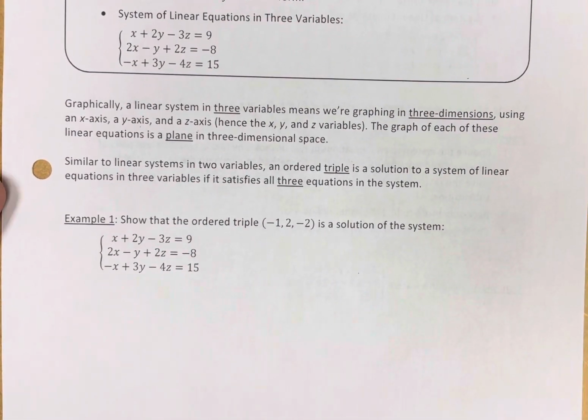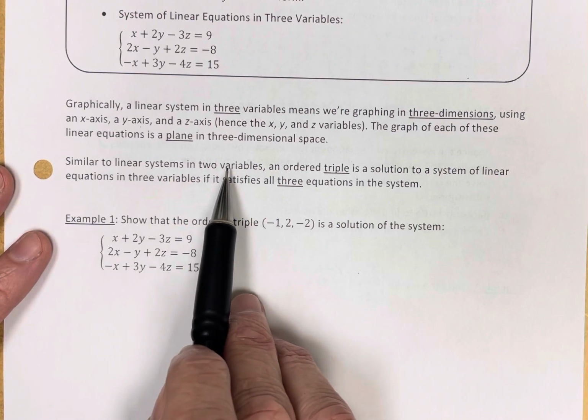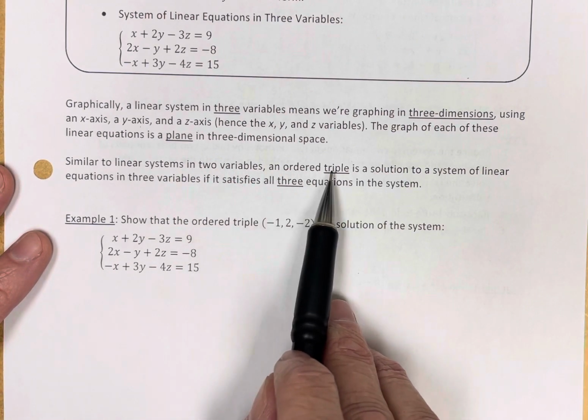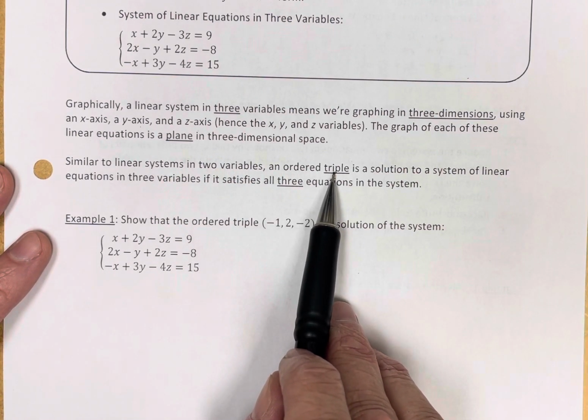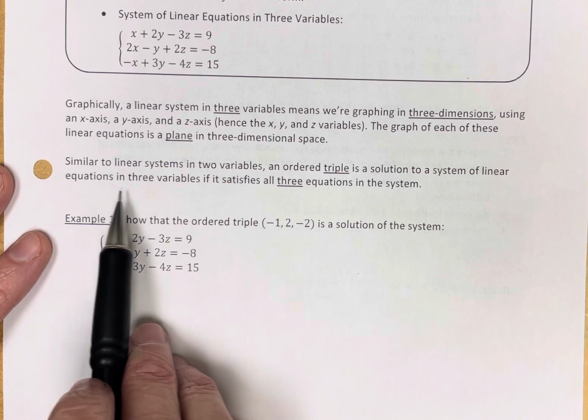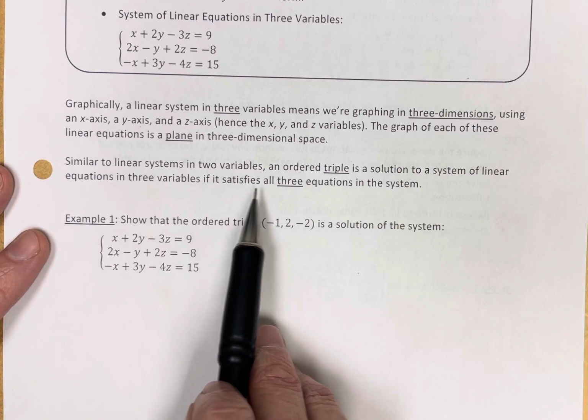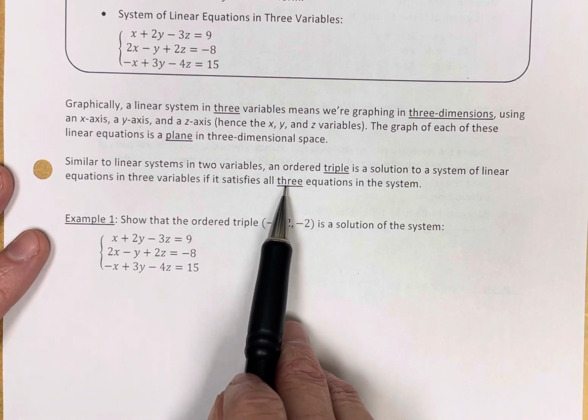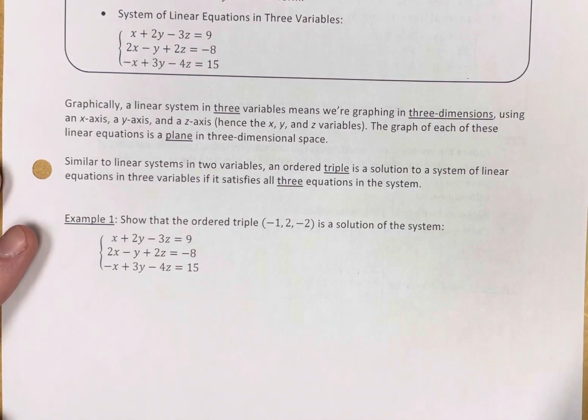So, similar to linear systems in two variables, an ordered triple, as opposed to an ordered pair, is a solution to a system of linear equations in three variables if it satisfies all three equations in the system.